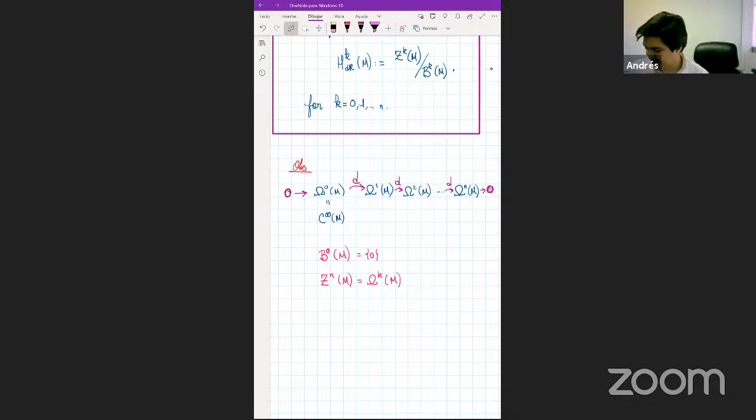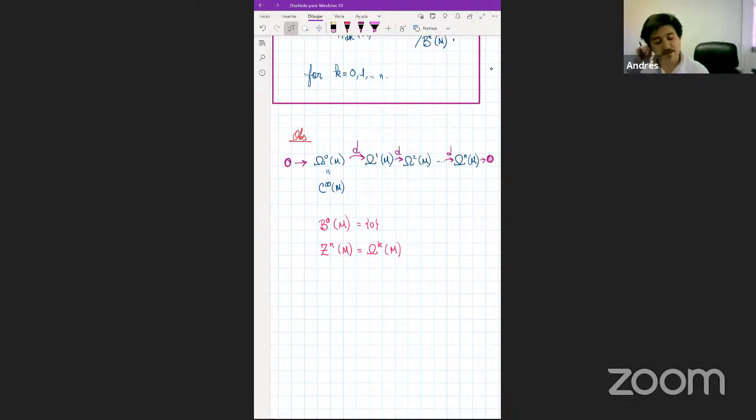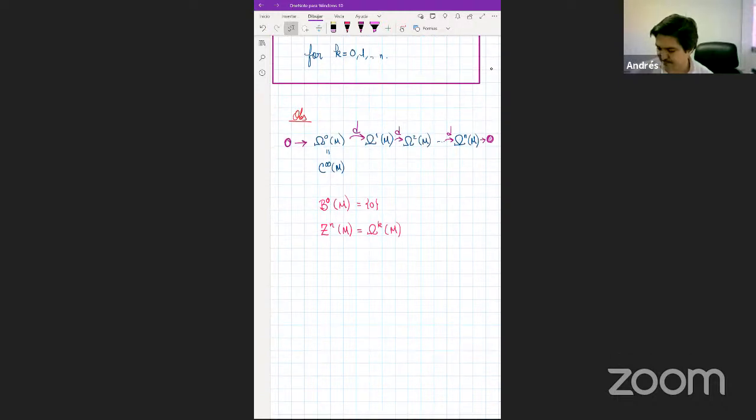The other ones that are needed will actually depend on the manifold itself. Except for this one, let's try to understand this.